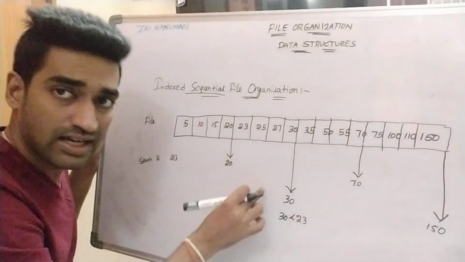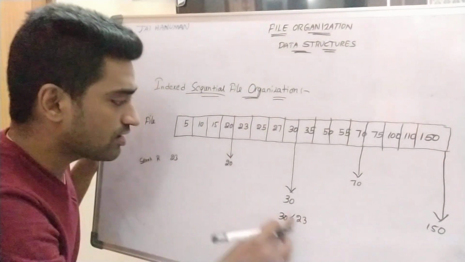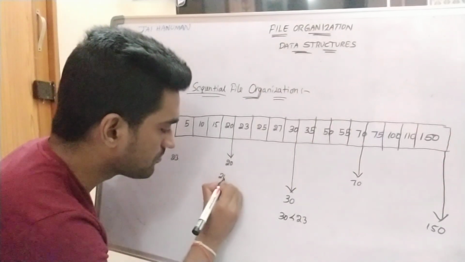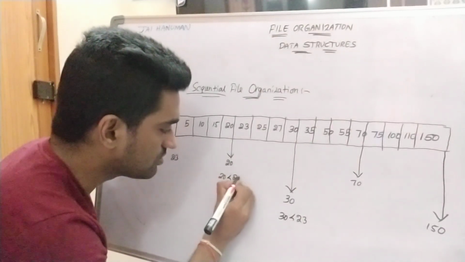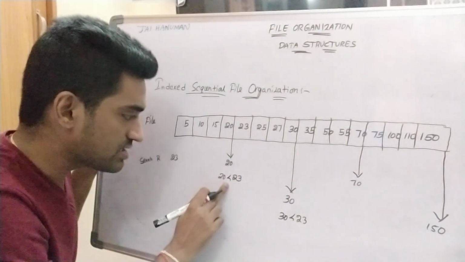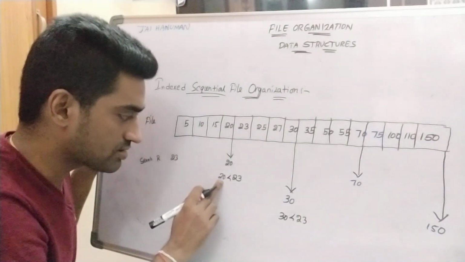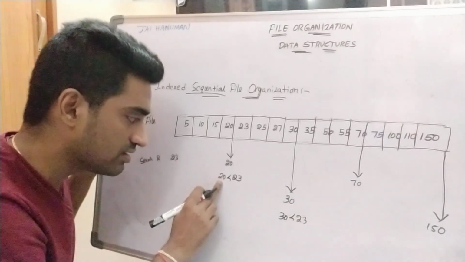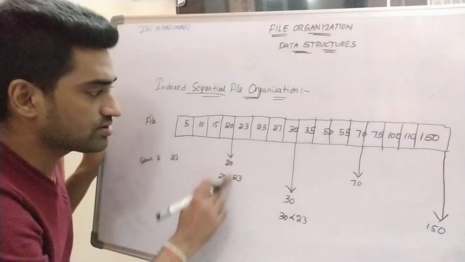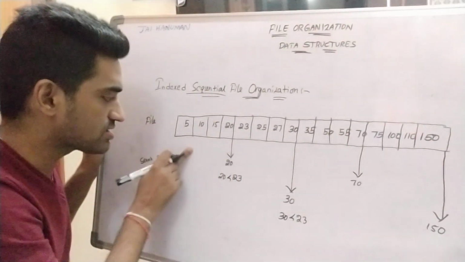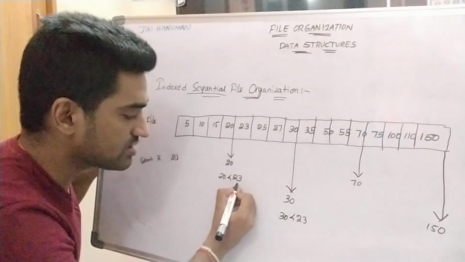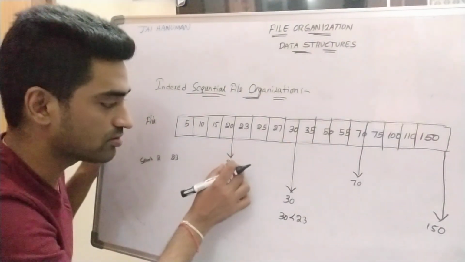Again, the searching record is compared with the lower level index value. So 20 is less than 23. So here the condition is a failure. Once the searching element is greater than the lower index value, we search the right position, otherwise we search the left position. So here the condition is a failure, since the searching element is greater when compared to the lower level index.